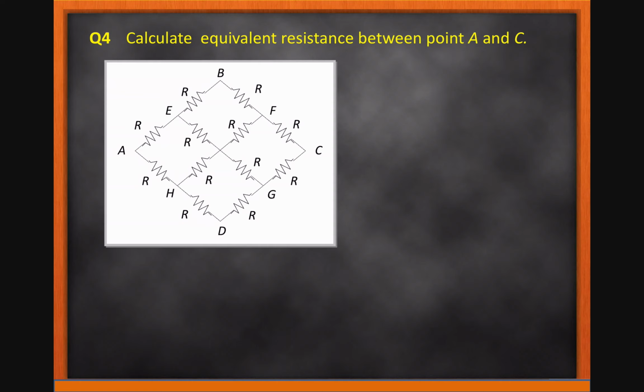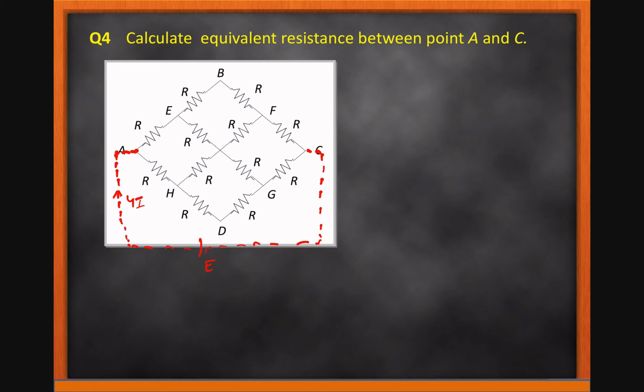For applying Kirchhoff law for this circuit, take an EMF E applied across A and C, and let the current passing from this E be 4I. Why 4I? Because in this case the current at this point will divide symmetrically.